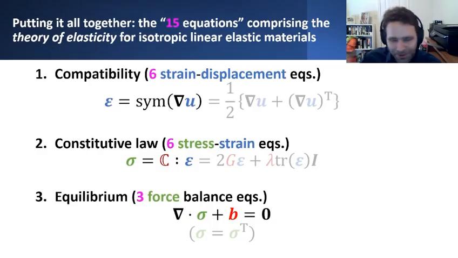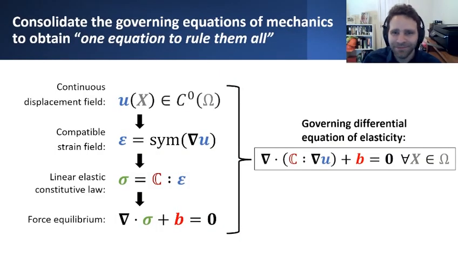So we put all these equations together, and in fact, if we wanted to, we could consolidate them further. We could take displacement, which we insisted, owing to the requirements of compatibility, had to be a continuous function of position.